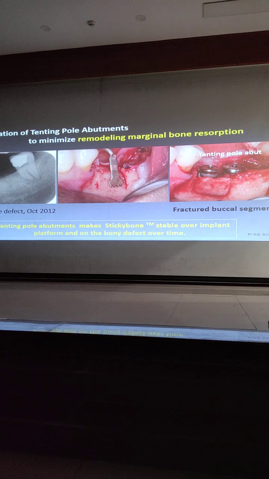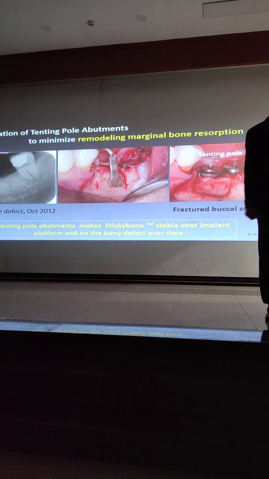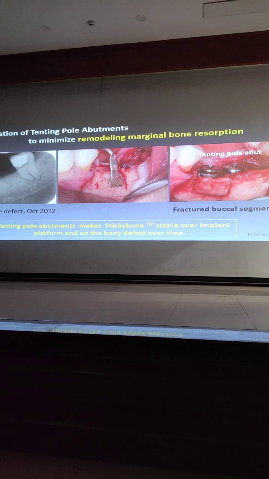The only solution is to stabilize it. You cannot place a micro screw in order to stabilize the fractured buccal plate after placing implants.